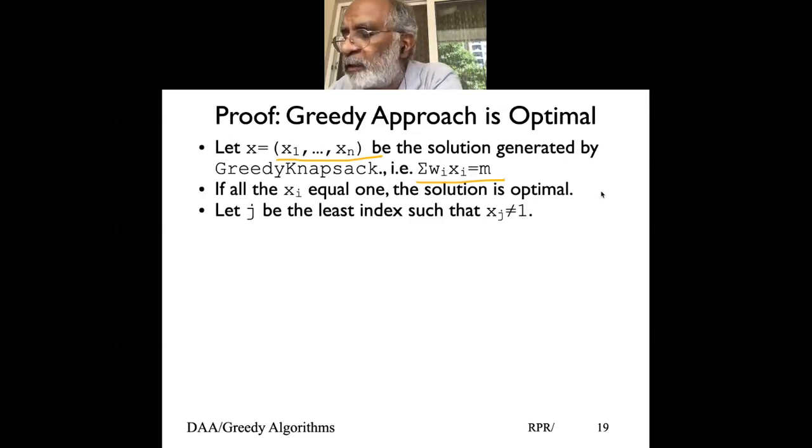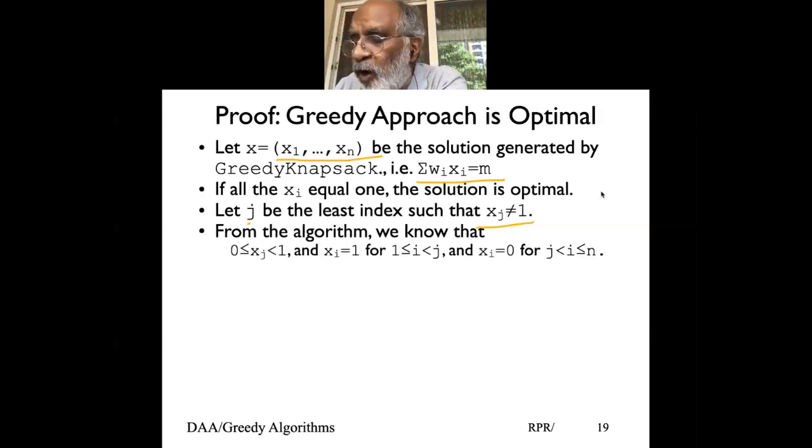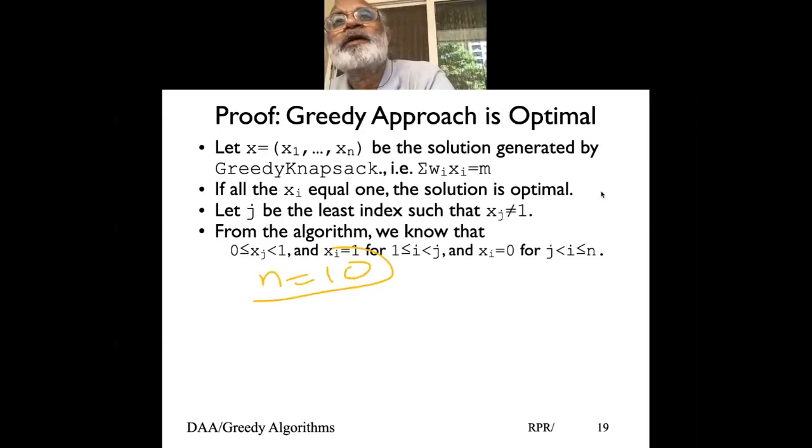So we assume that not all my xi's are 1, so there is some j such that xj is not equal to 1, and in that case, for all items less than j, my xi is 1. Let me repeat again. Let's say in total I had n equal to 10 items, and let's say m is 20.